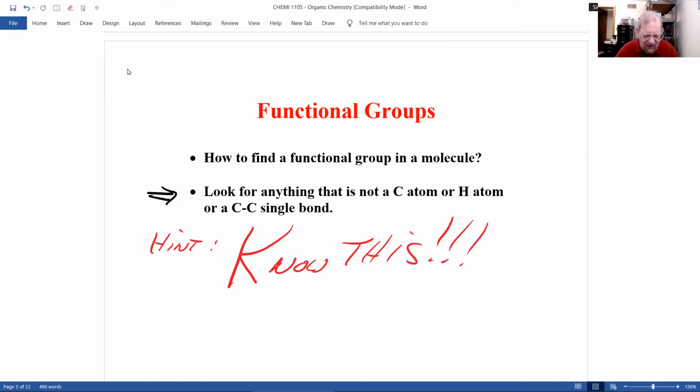So when you look at an organic molecule, you look for anything that's not carbon, hydrogen, or a carbon-carbon single bond, and that's going to be a functional group because that's where all the fun happens in a molecule. And let's have some fun.